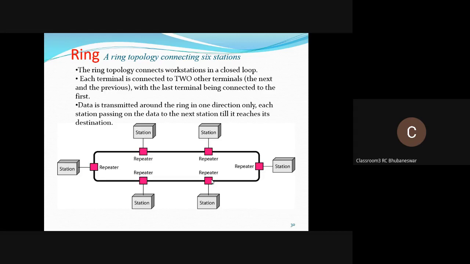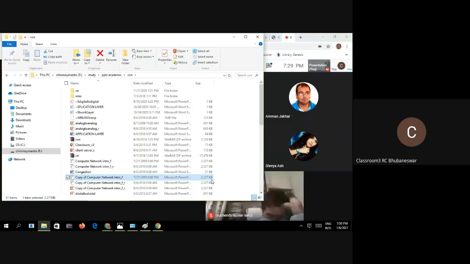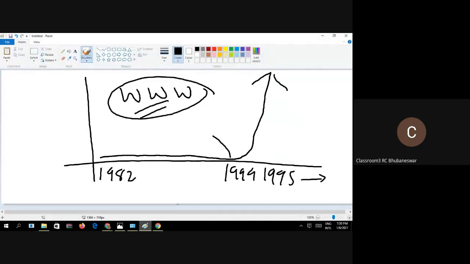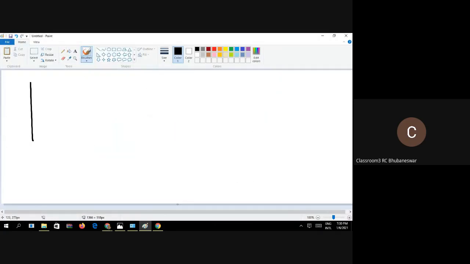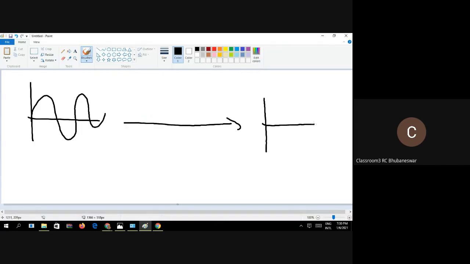Signal strength is decreasing. Look here. जब भी transmit करोगे you will find the signal strength like this, after a certain time you will find your signal strength is like this. To increase the signal strength, I have to use the repeater.